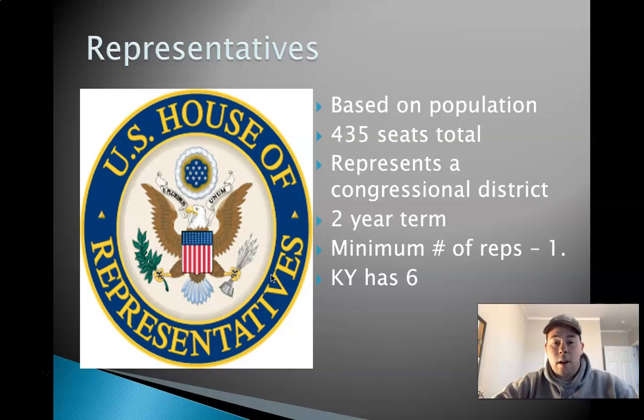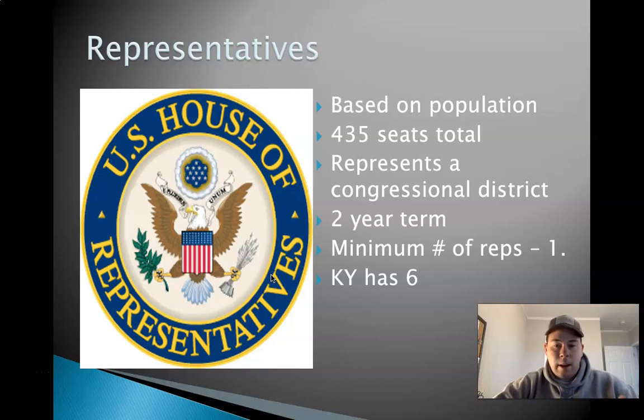They are elected for 2 years, and the House reorganizes every 2 years. So every 2 years, every representative is up for election. And the minimum number of representatives a state can get is 1. So if they don't meet the population cap, they're guaranteed at least 1 representative in the House.